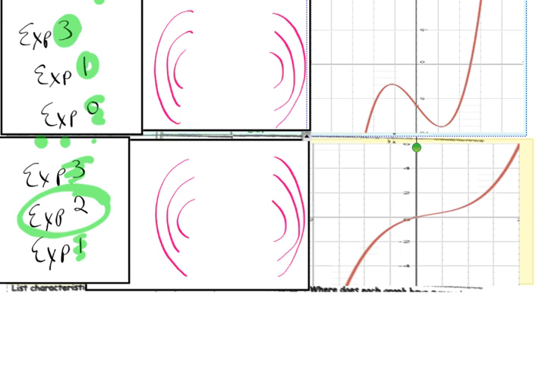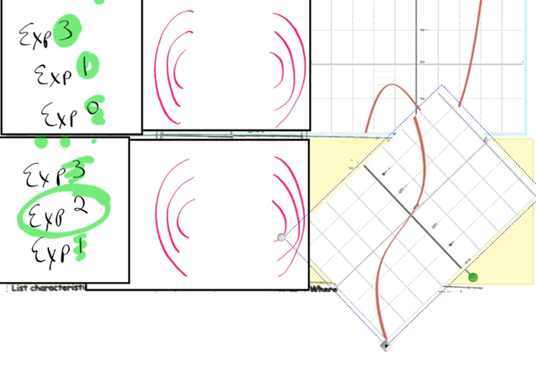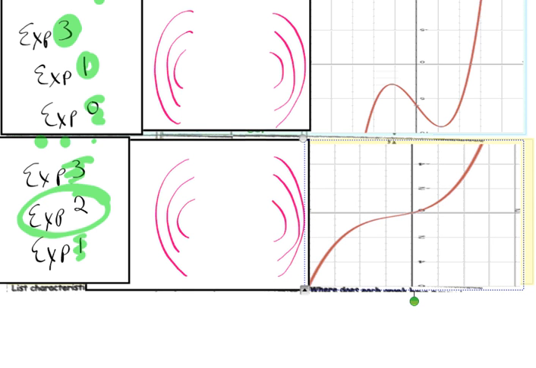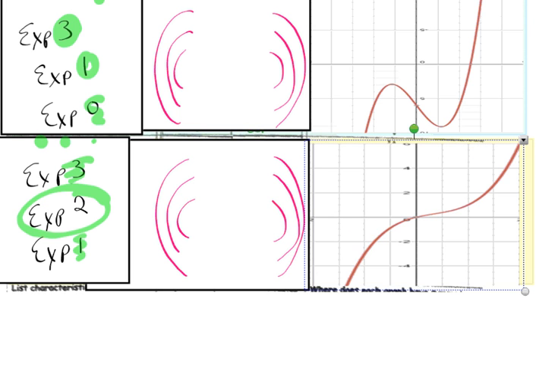Interesting. This looks an awful lot like an odd function. Let's see if it works like an odd function, that when I rotate it, I get exactly the same picture no matter what. So let's flip it back. Well, no, it sort of jumps there. It is definitely not odd, though it's close.